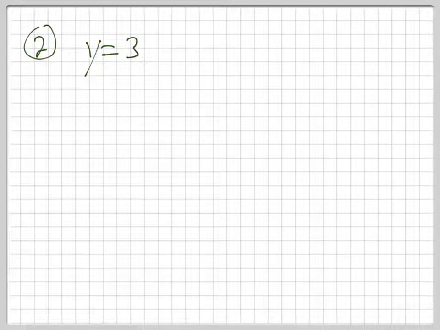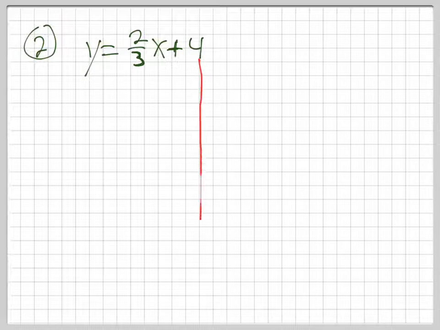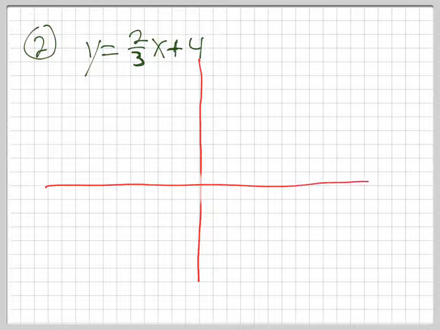Let's think about, let's make it 2/3 x plus 4. Do you remember anything about how you graph? Let's graph one of these, and we'll let that lead us to the other things.